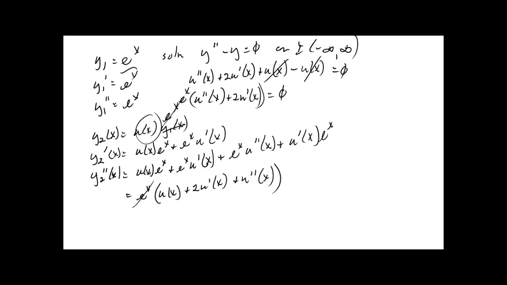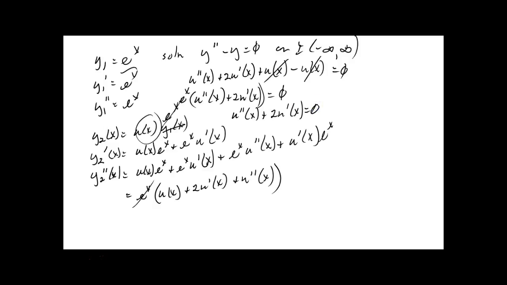So that's why I've already taken it out. So then we have just that this part has to be equal to 0. Okay? Has to be. All right. So we're required, and this is why I had it down there in the first place, u double prime of x plus 2u prime of x is equal to 0. Okay?